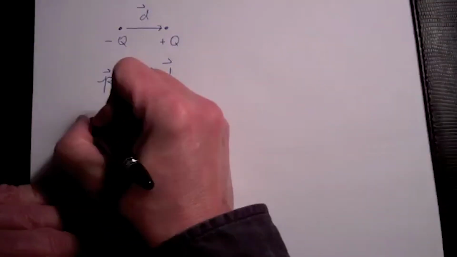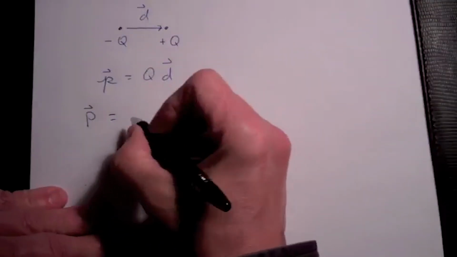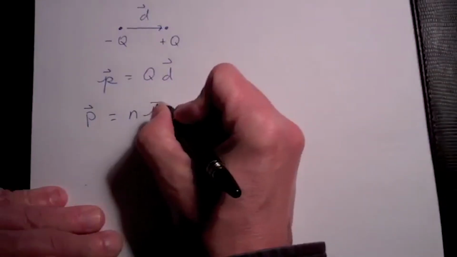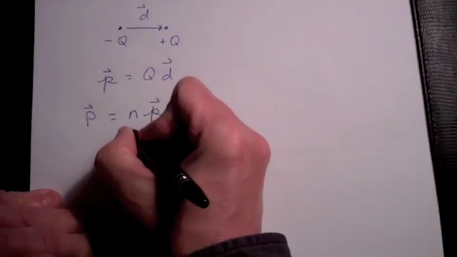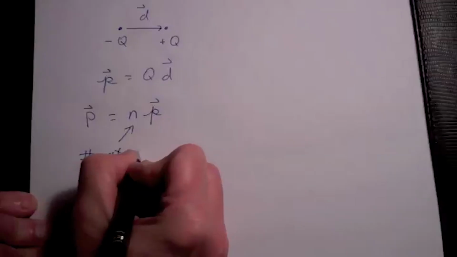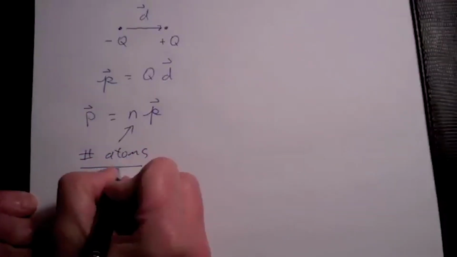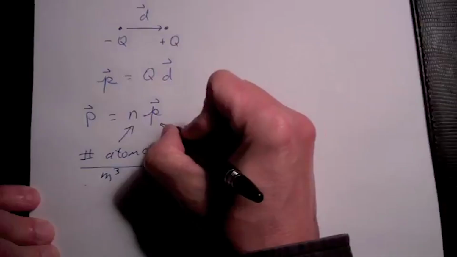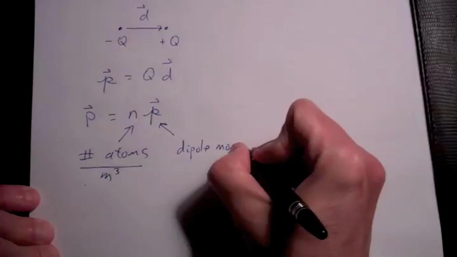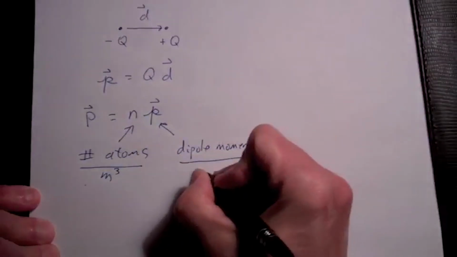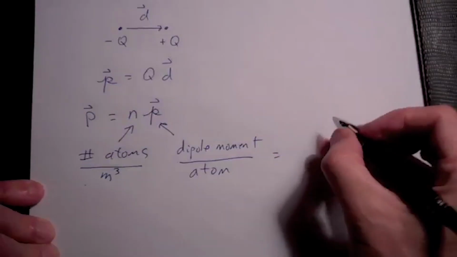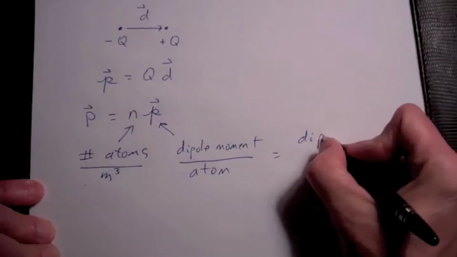Now the polarization field is defined as N times p, where N is the number of atoms per cubic meter. The lowercase p here is the dipole moment per atom. And so we see that the polarization is just the dipole moment per unit volume.